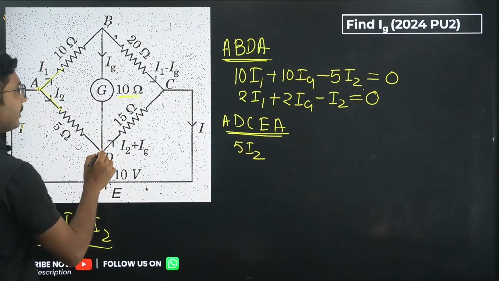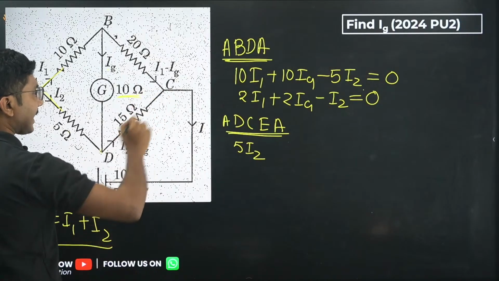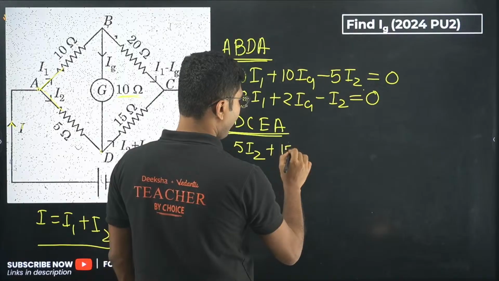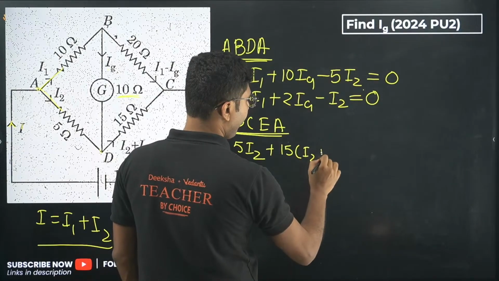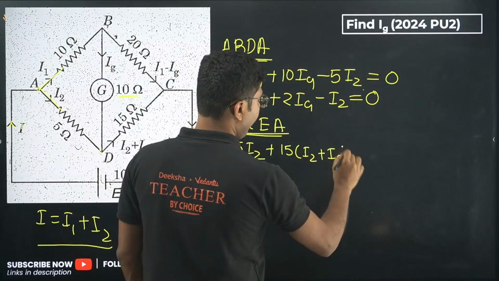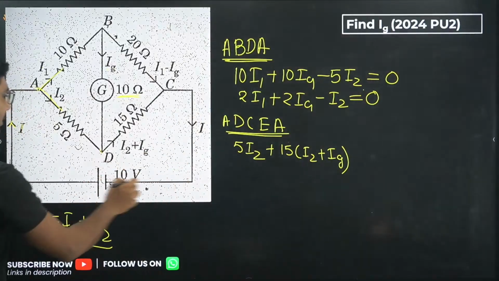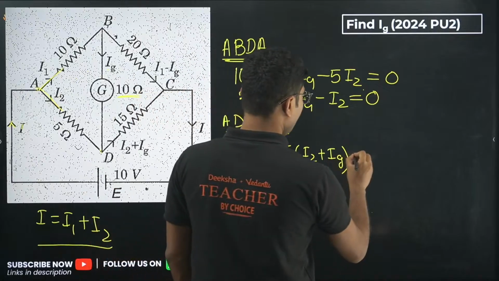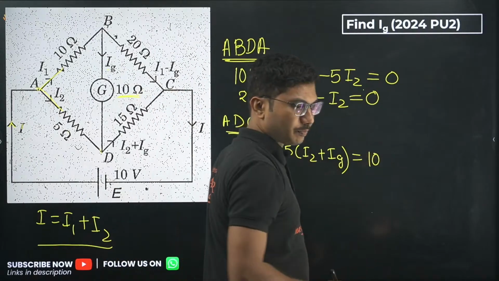Now when we are going from D to C, again we are going in the direction of current, so 15 into I2 plus Ig. And that should be equal to our EMF, because we are going in the direction of the EMF itself. So that should be equal to E, that is 10 volt.